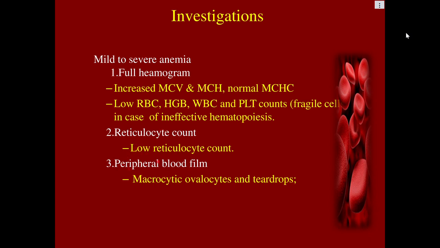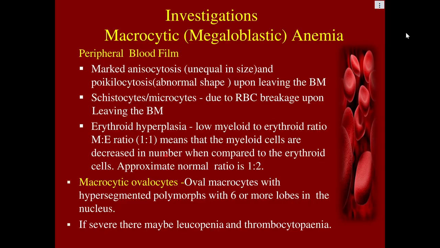Now you have immature red blood cells that are coming out into the circulation. Peripheral blood film is your third investigation. The peripheral blood film will show macrocytic ovalocytes. These are oval cells, and teardrops. Now you've started seeing abnormal cells in the peripheral blood film.